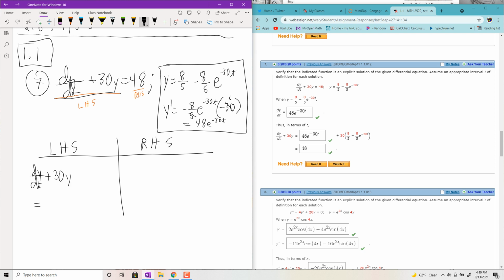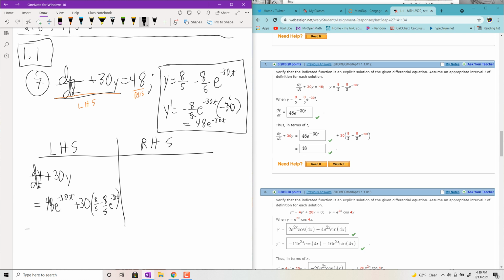I'm using the given information, and I'm hoping to connect that to the right-hand side, to make that equal the right-hand side. So I can replace dy over dt with the first derivative that I found. It's 48 e to negative 30t plus 30 times y, and y is 8/5 minus 8/5 e to negative 30t.